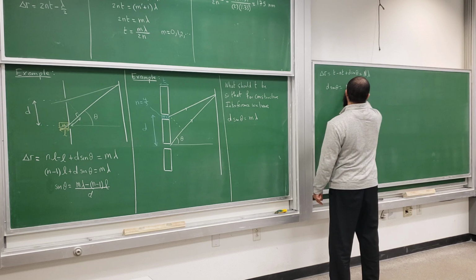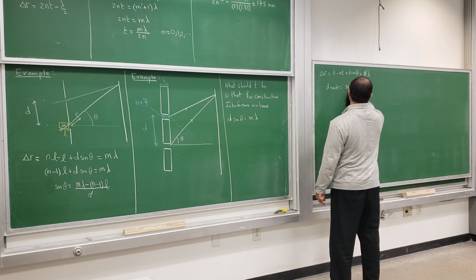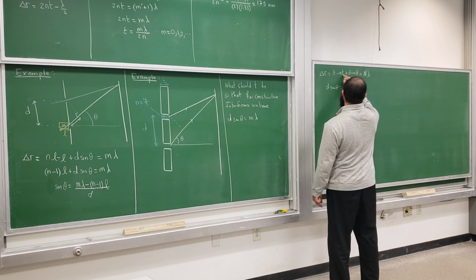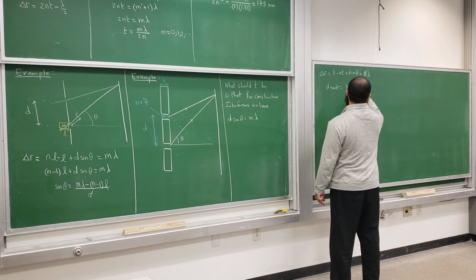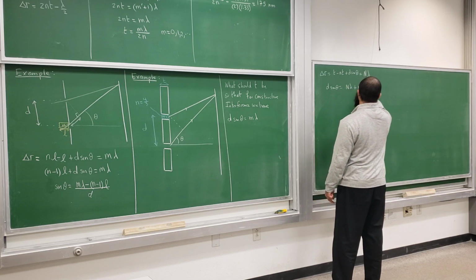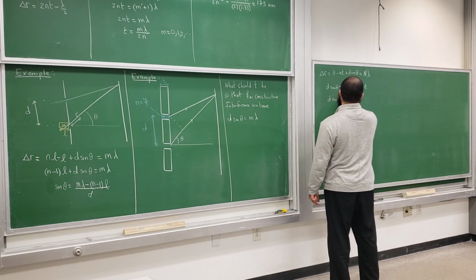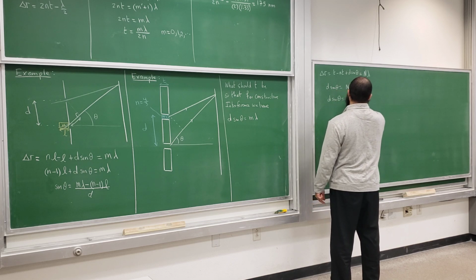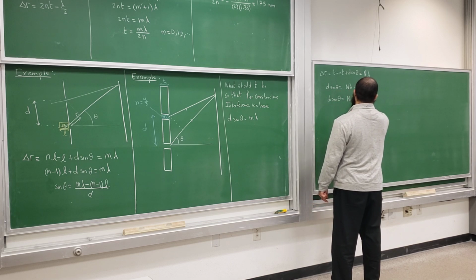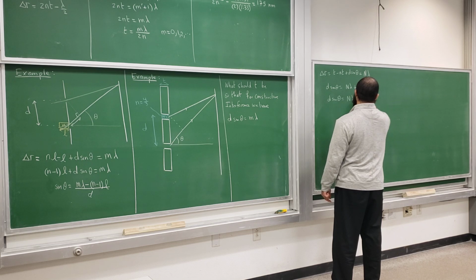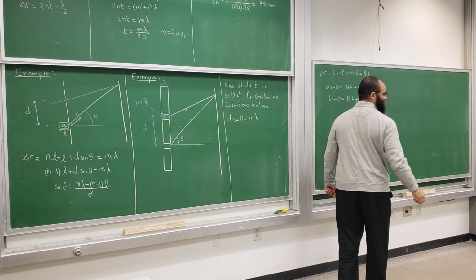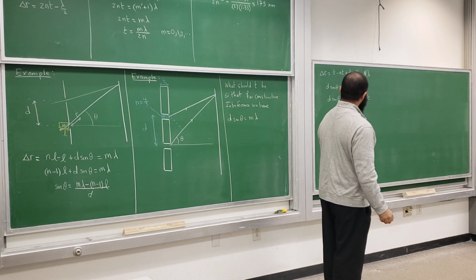We get d sine theta equals N lambda plus nt minus t, so you get d times the sine of theta equal to N times lambda plus n minus 1 times t.